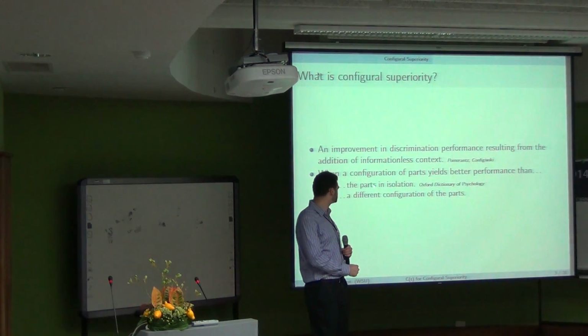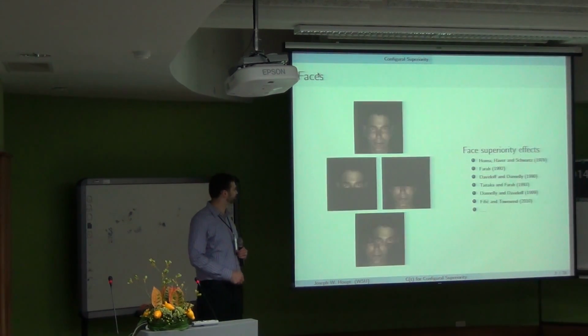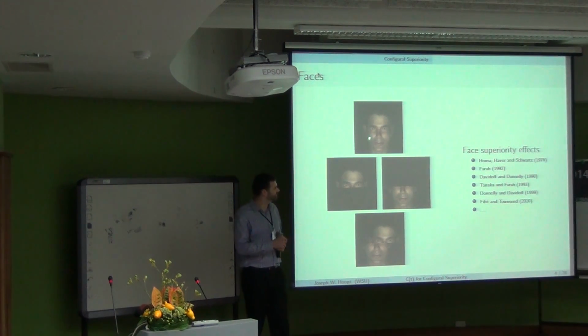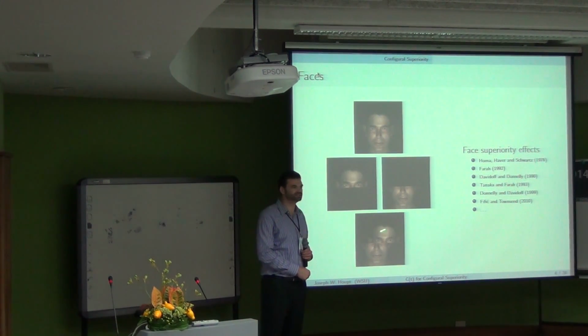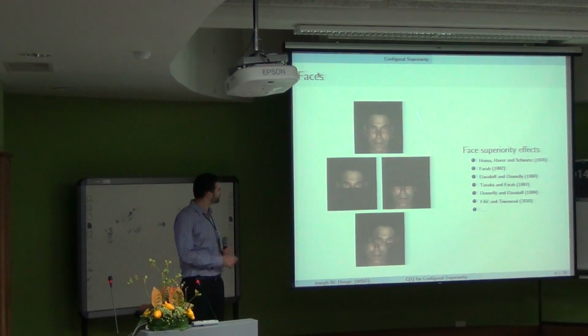So that speaks to this first definition: configuration of parts yields better performance than parts in isolation, as well as superior performance when you have canonical configuration compared to a non-standard configuration. So you wouldn't naturalistically see faces looking like this. That would be pretty scary. So you'd expect configural superiority effects that can refer to superiority of this over each of these alone, as well as this related to this.